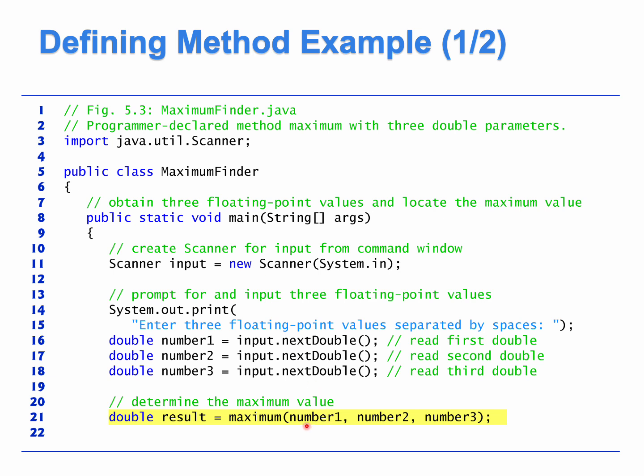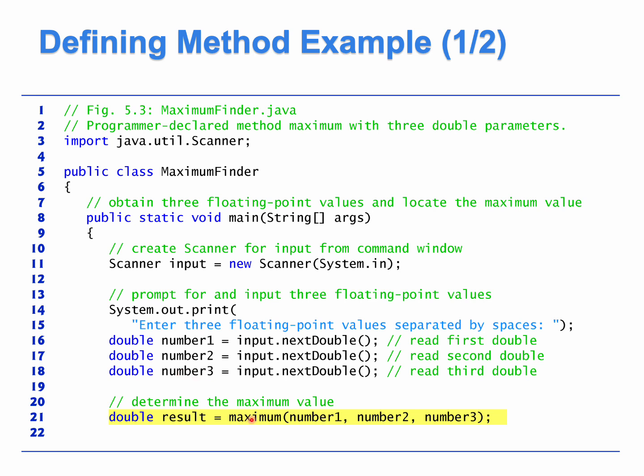main and maximum. The method main prompts the user to input 3 floating point values and reads 3 floating point values from the keyboard into 3 variables of type double named number1, number2, and number3.